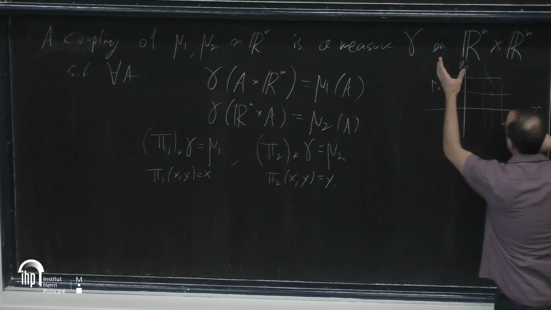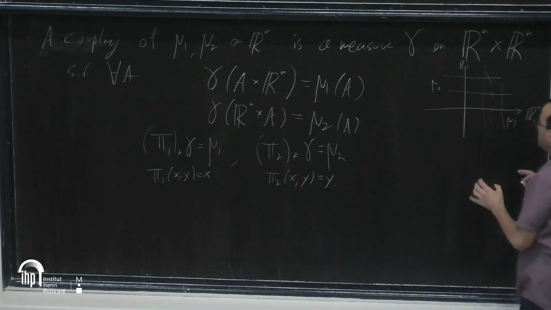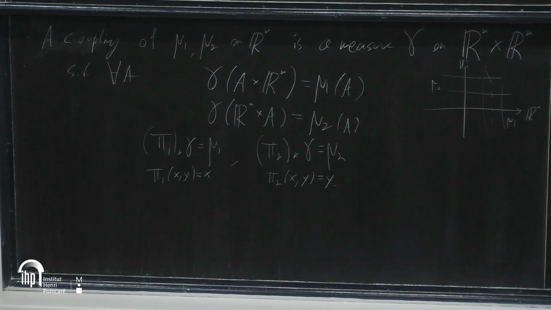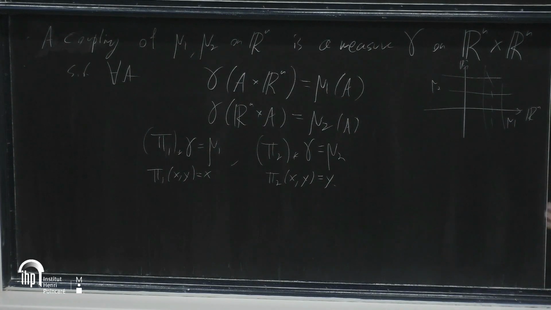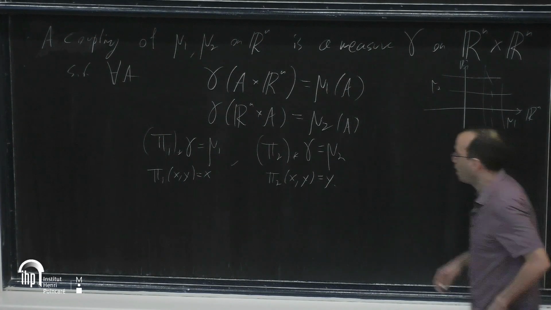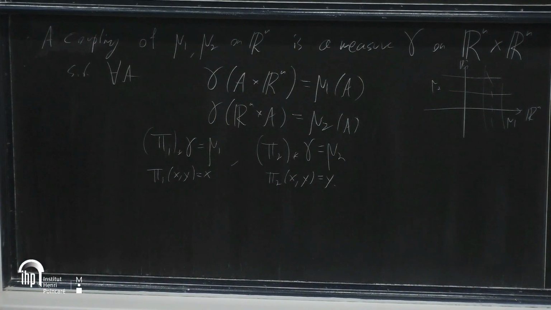If you think about it in terms of random variables, coupling means putting these two random variables on the same probability space. And if you take the product measure, it means that you've used them as independent random variables with these distributions. Also, you should note that any transport map induces a transport plan.